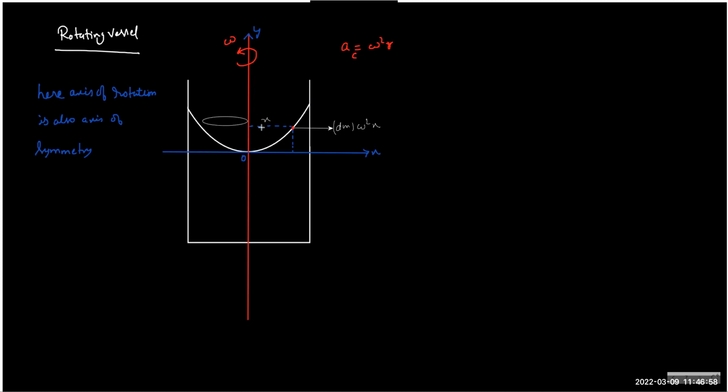This particle is moving in a circle of radius x. And the other force is gravity, as we know. Because the slope is variable, let's draw one line.